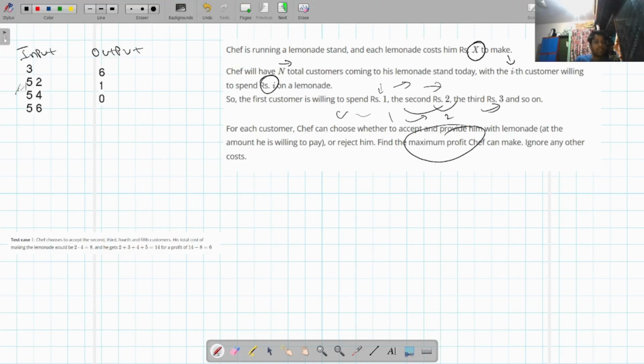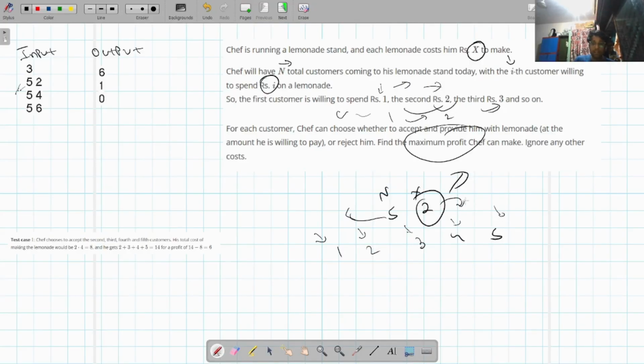Let's take the first test case. We've got N, X as 5 and 2. 2 rupees is the total cost for each lemonade. We know that there are in total five customers, so the payments would be 1, 2, 3, 4, 5. Customer one will pay 1 rupee, two will pay 2 rupees, three will pay 3, and so on.